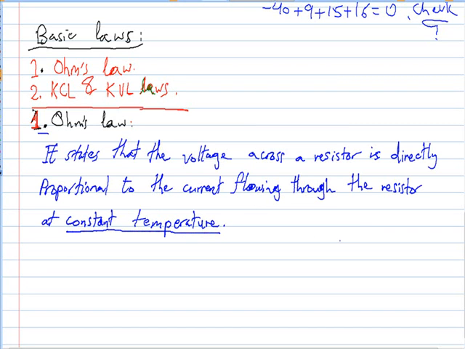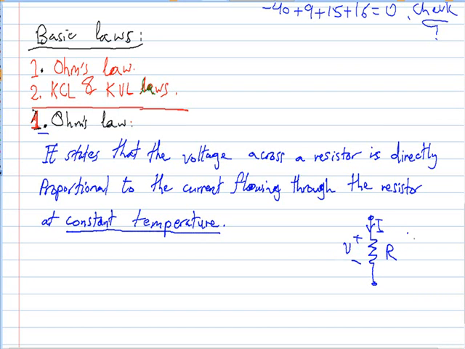The symbol for a resistor is like that. Here is the resistance of the electric wire, of the metal wire, the voltage across this resistor, and the current flowing through this resistor.